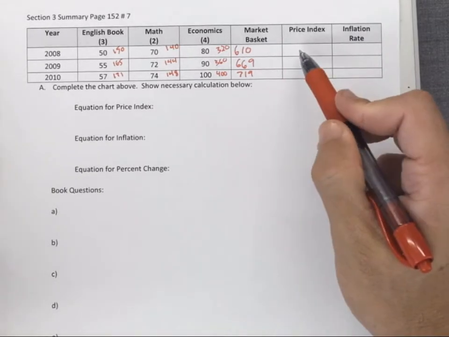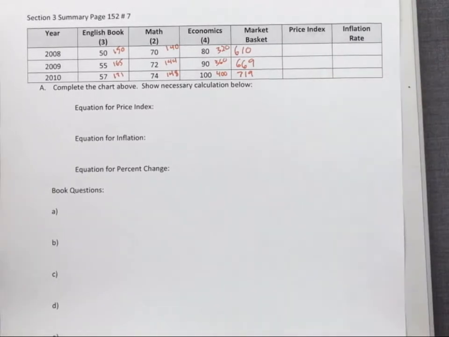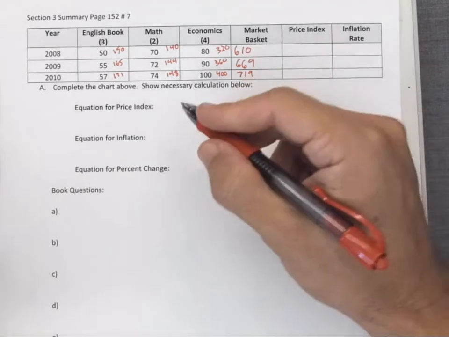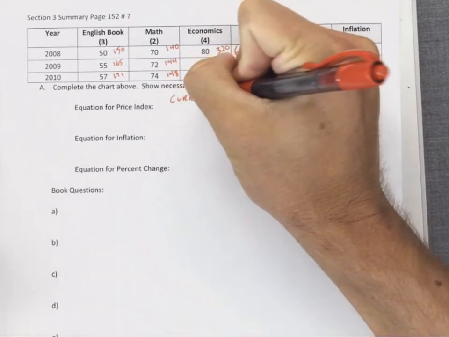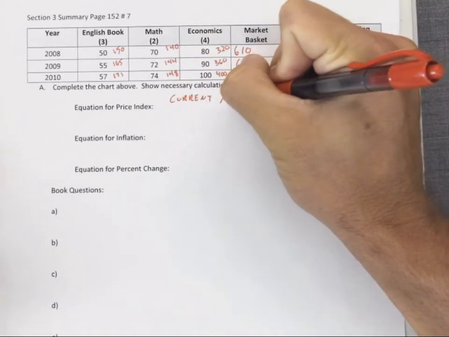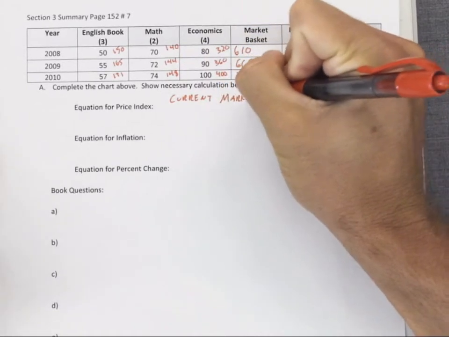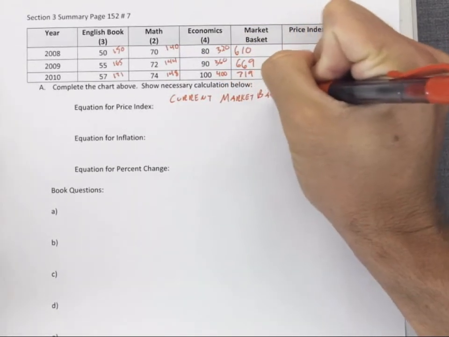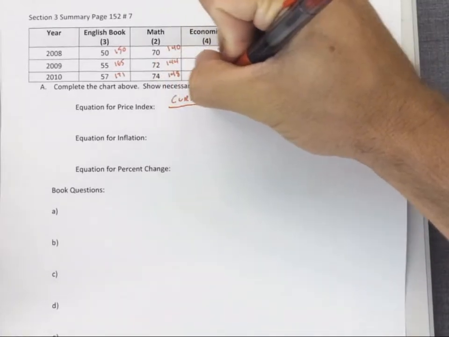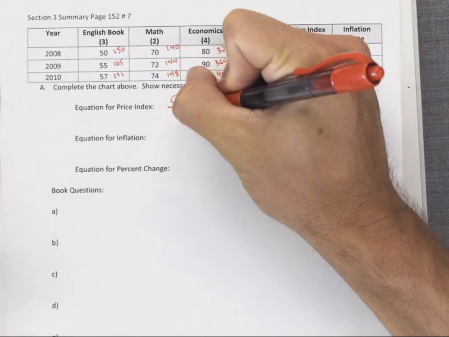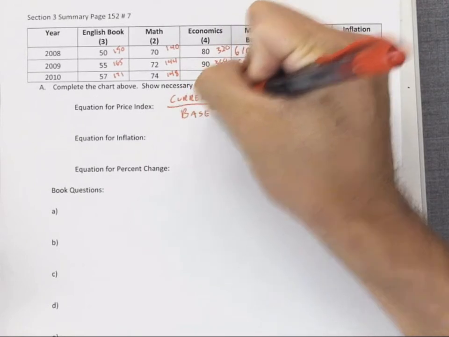We're now going to calculate the price index. Remember, the equation for price index is current market basket, that's the market basket of the year that you're using, divided by base market basket, which is the year that you're comparing all prices to.